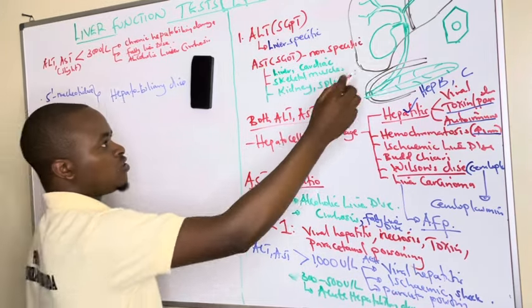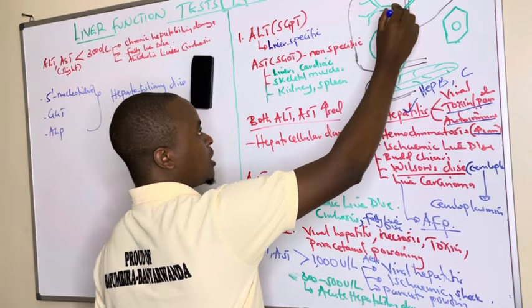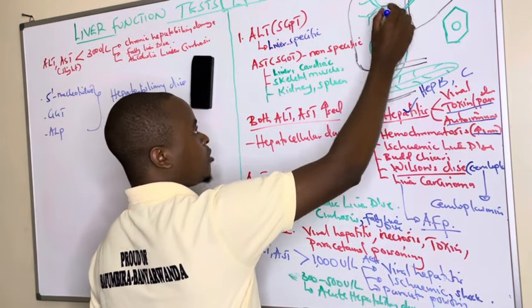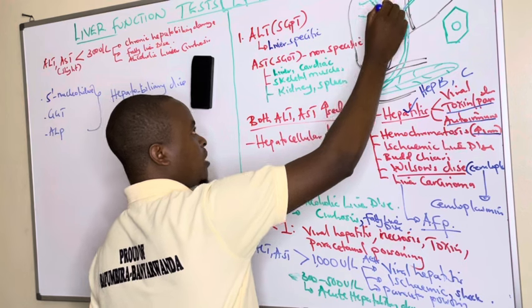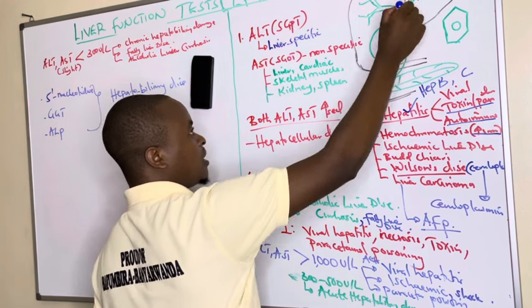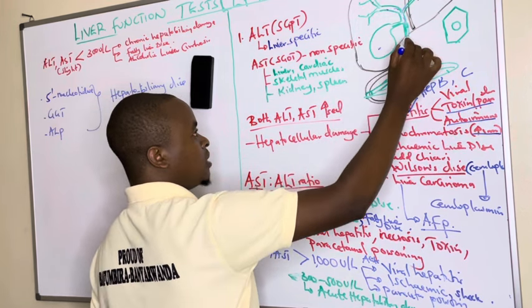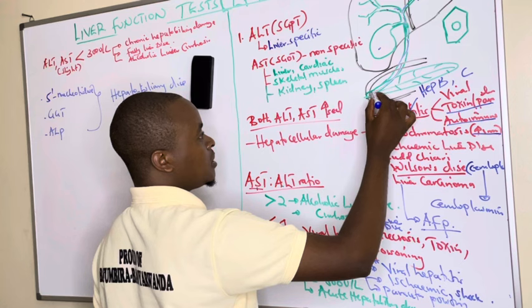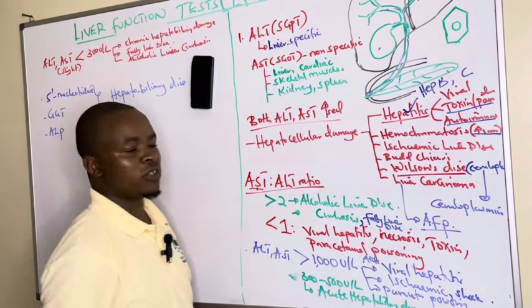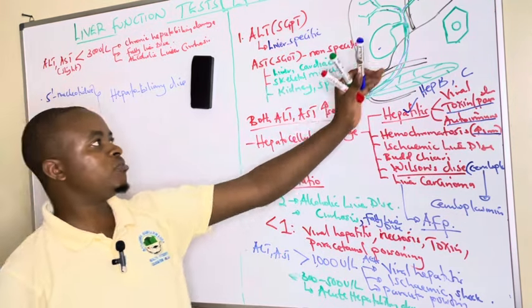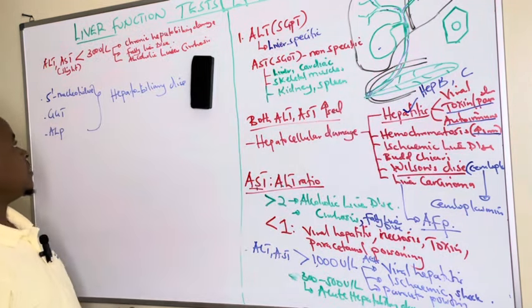So any condition that is going to affect this biliary system, from the biliary canaliculi to the right hepatic, left hepatic, then to the gallbladder, then into the common bile duct, and anything that blocks at the junction. So that is what we are calling hepatobiliary diseases.